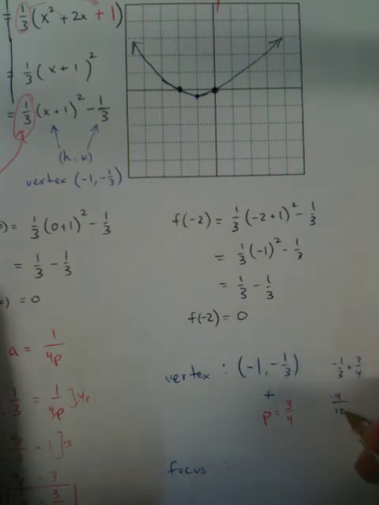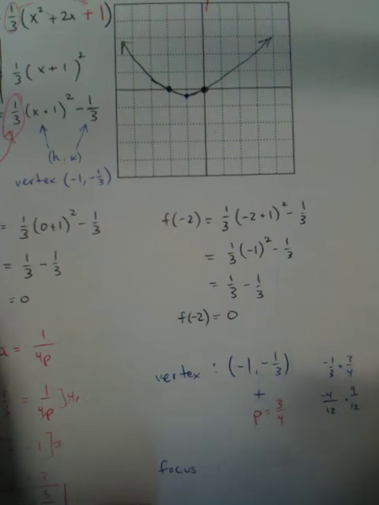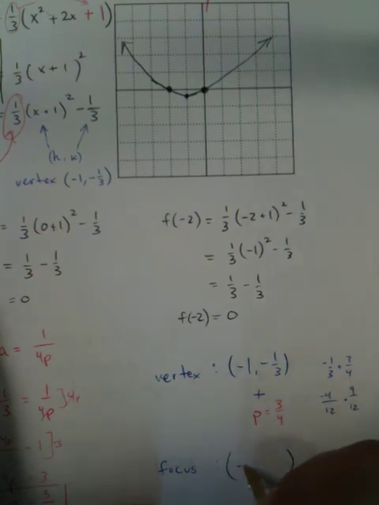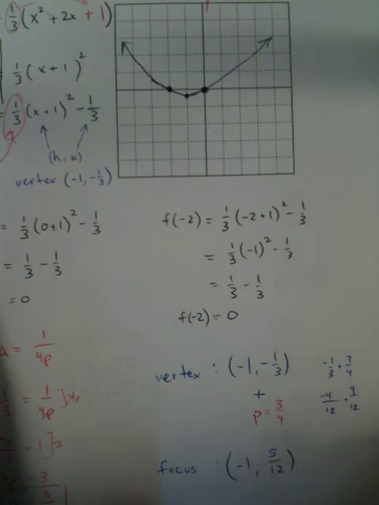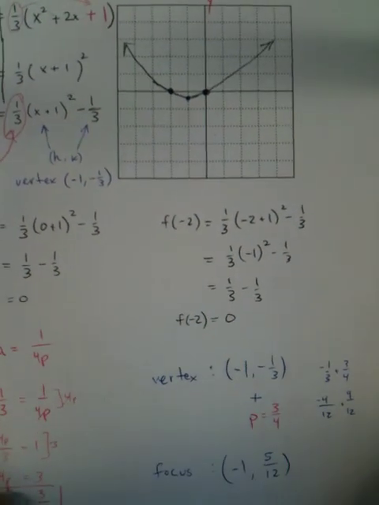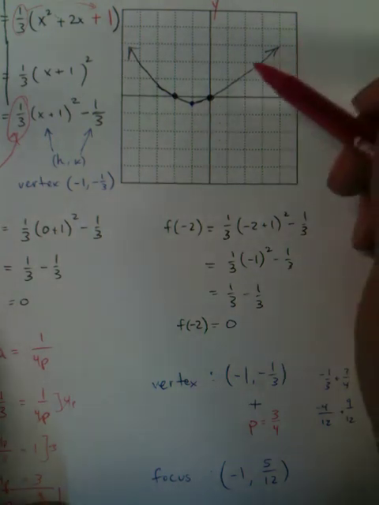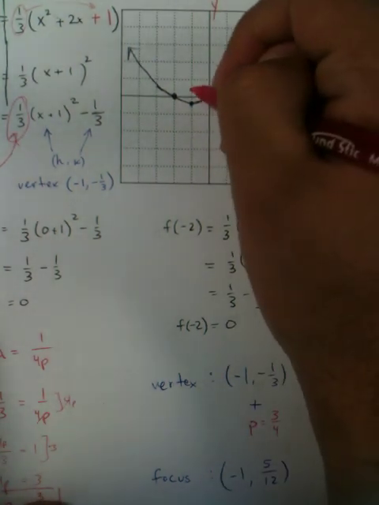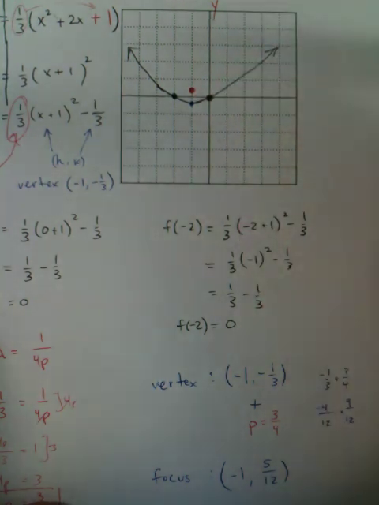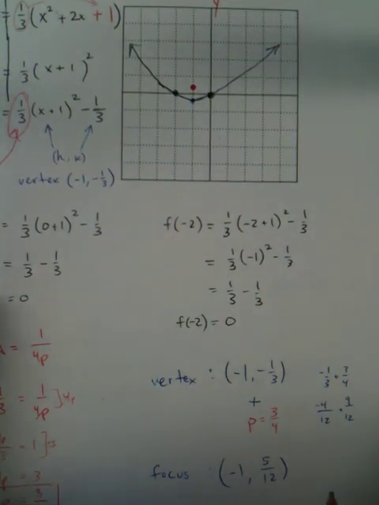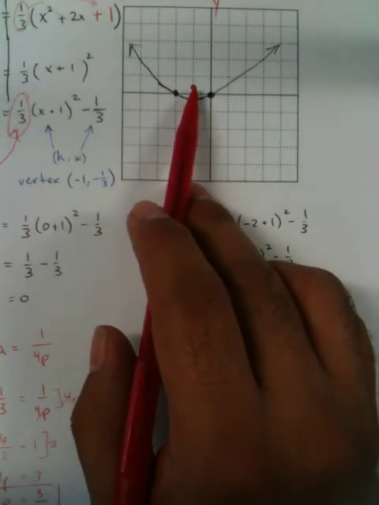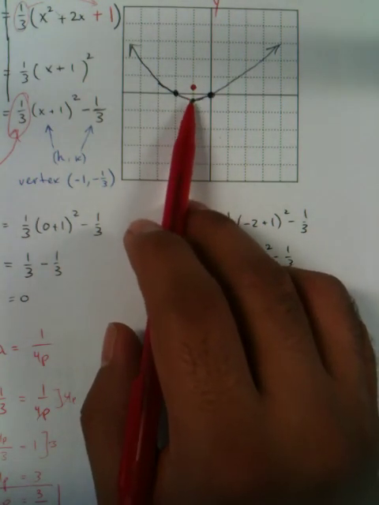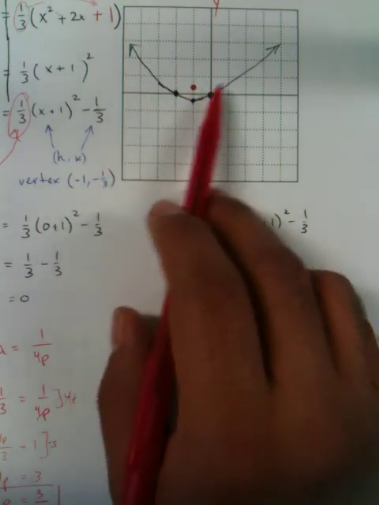So you got -4/12 plus 9/12, which gives you 5/12. So the focus is at -1 and 5/12. Here's -1, and 5/12 is almost about halfway. You'd be able to make a point, and that's your focus. The focus should always be lined up with your vertex, and in this case, right above it, because that's what the shape said.